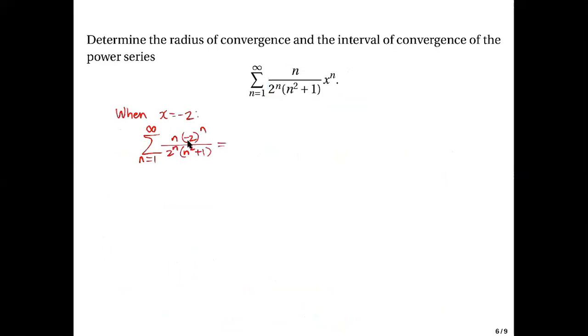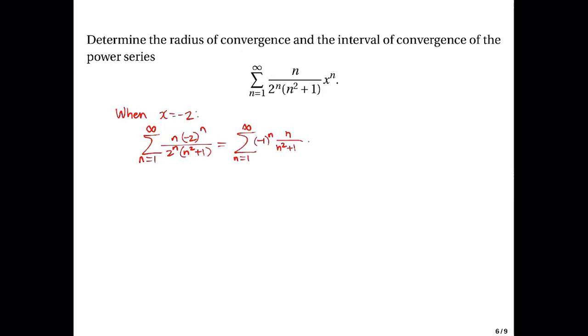But this guy here, you can take out -1 to the n. So you will have -1 to the n times 2 to the n, and that 2 to the n will cancel the 2 to the n in the denominator. So this series becomes -1 to the n over n squared plus 1, from 1 up to plus infinity.